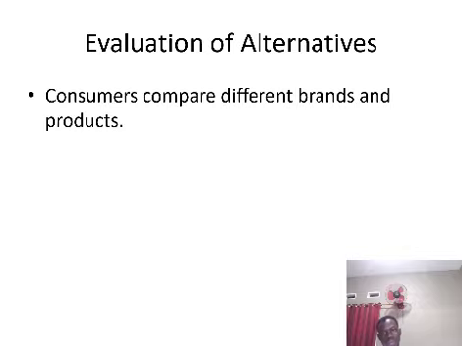Evaluation of alternatives: consumers compare different brands and products. Retailers can influence a customer through personalization, marketing, running loyalty programs, and designing engaging store experiences using social media, while being ethical and sustainable.